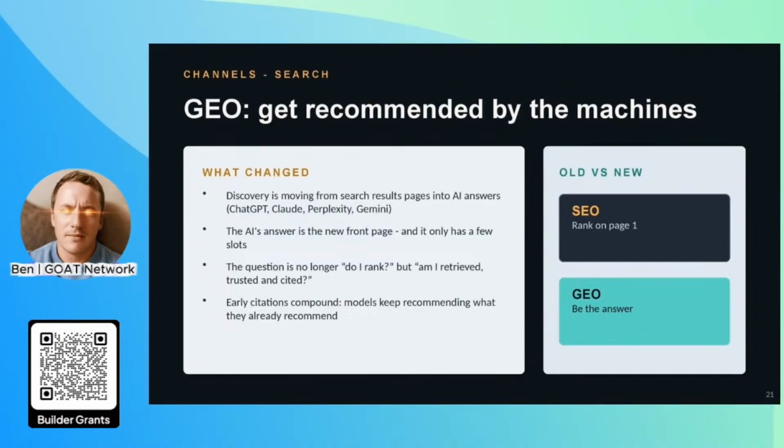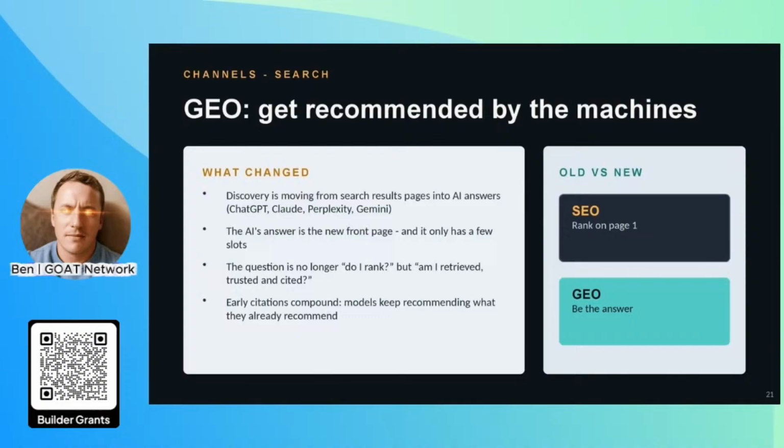So when somebody asks what is the best tool to do this, XYZ, the AI's answer is usually coming up first on the front page. And once you have that answer, you no longer need to click on anything else to get what you needed. So GEO is changing the whole thing.